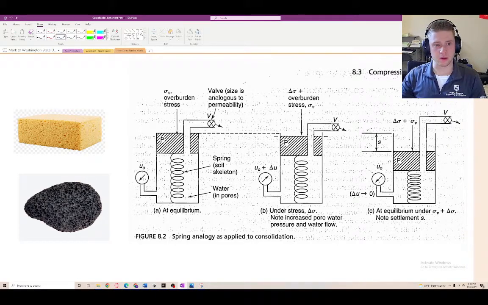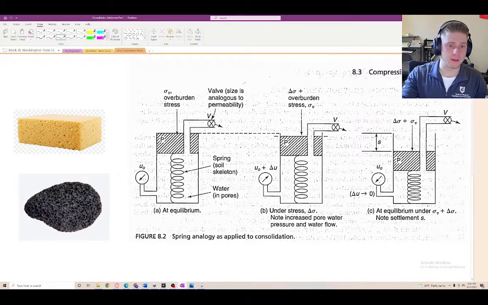And the stress. So consolidation is a stress, strain, and time phenomenon, meaning that it's dependent on the stress applied on the soil and the strain, which is related to the stress.